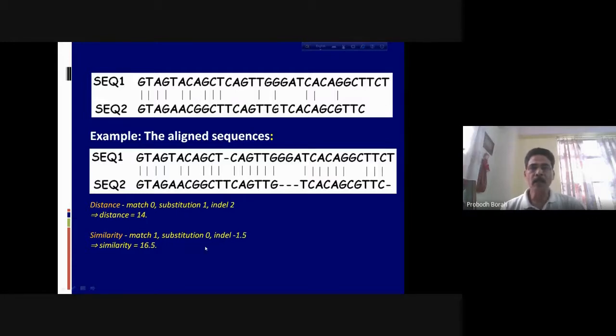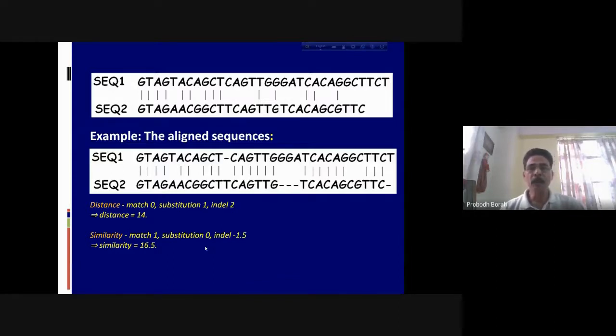We shall discuss about the scoring matrices, how they are designed, and what are the standard scoring matrices for nucleotide sequence alignment, or for that matter, amino acid sequence alignment. There are different scoring matrices already standardized, and they are being used, and how they are made, what are the criteria or the logic behind development of such scoring matrices. We shall discuss in detail in later classes while we're discussing about sequence alignment.